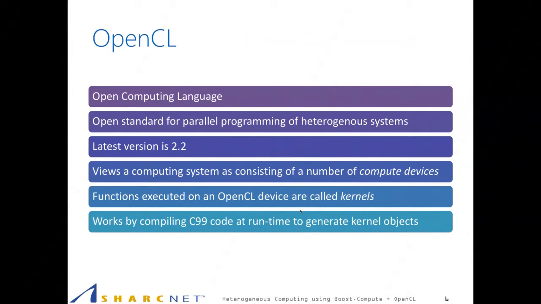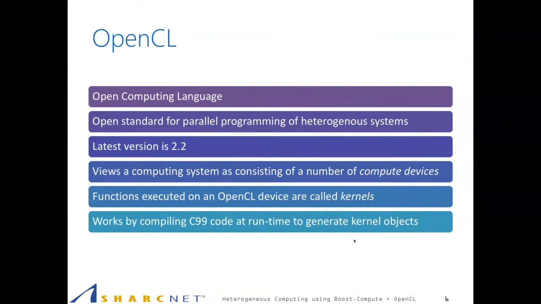In OpenCL, we view a computing system as consisting of a number of compute devices. And we have some terminology here, for example, kernels are functions executed on an OpenCL device. And OpenCL actually works by compiling C99 code at runtime to generate kernel objects. This is different from, for example, the CUDA platform, where the kernels are compiled before running the program.